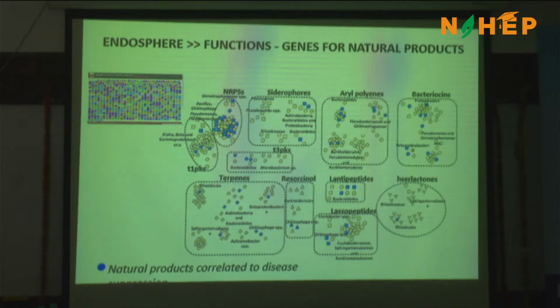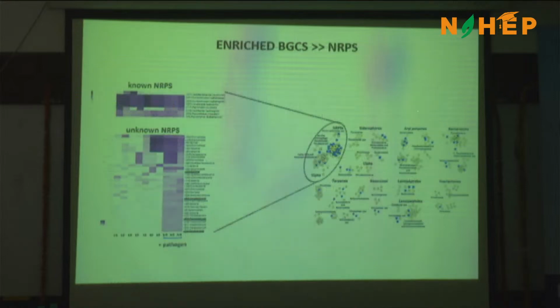What was more striking is that NRPSs and PKSs were highly abundant in our microbiome, especially the ones belonging to Flavobacterium, but we will come back to this in a bit.